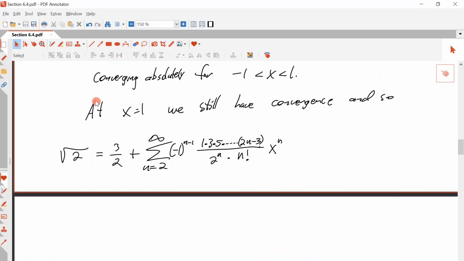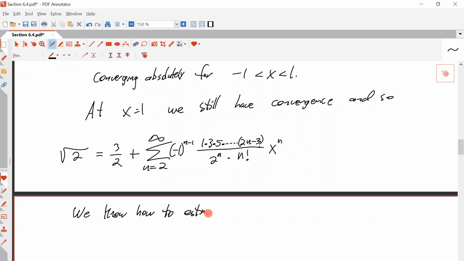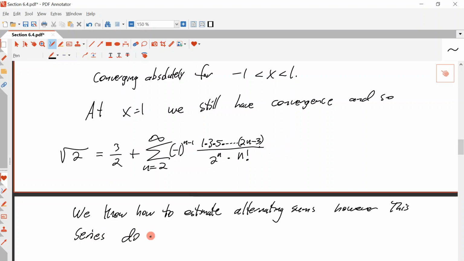And we know how to estimate alternating series. We know how to estimate the alternating sums. However, this series doesn't converge too quickly.